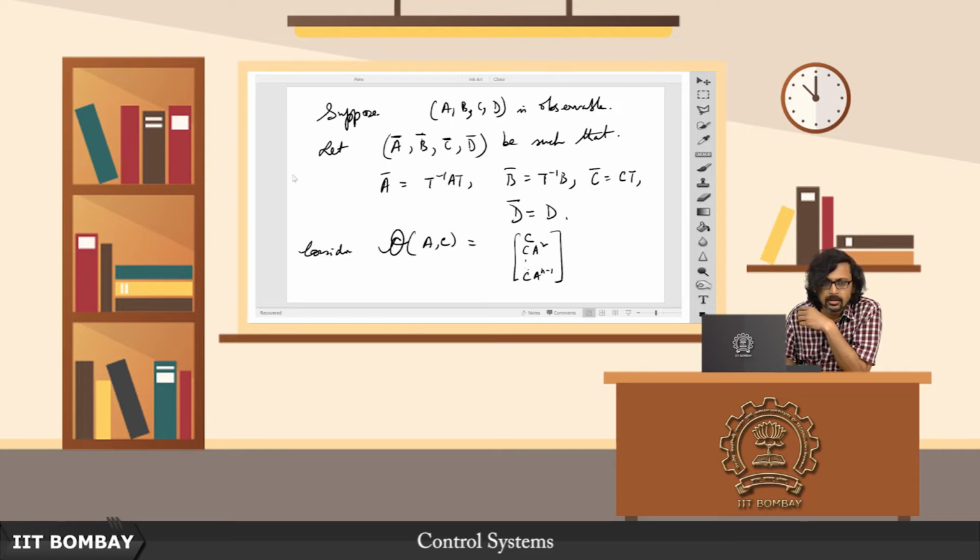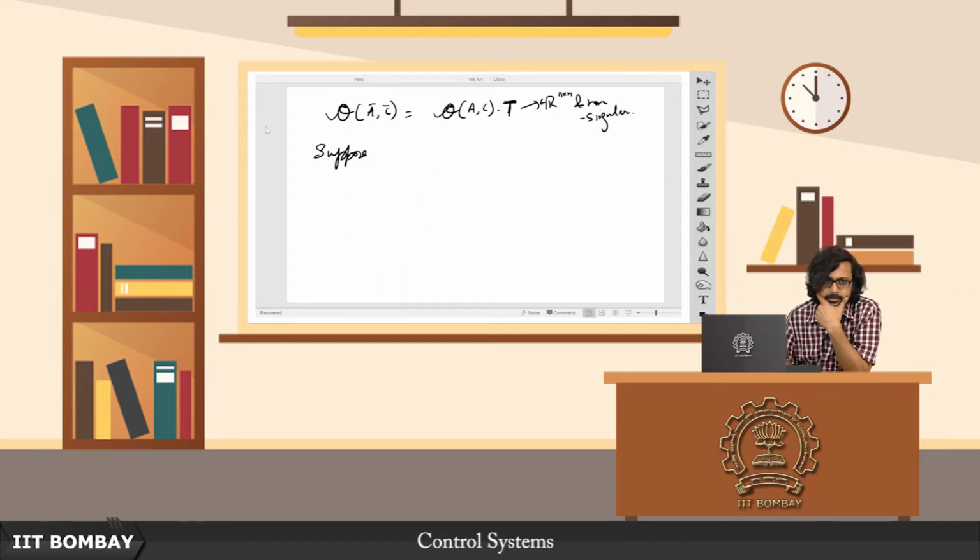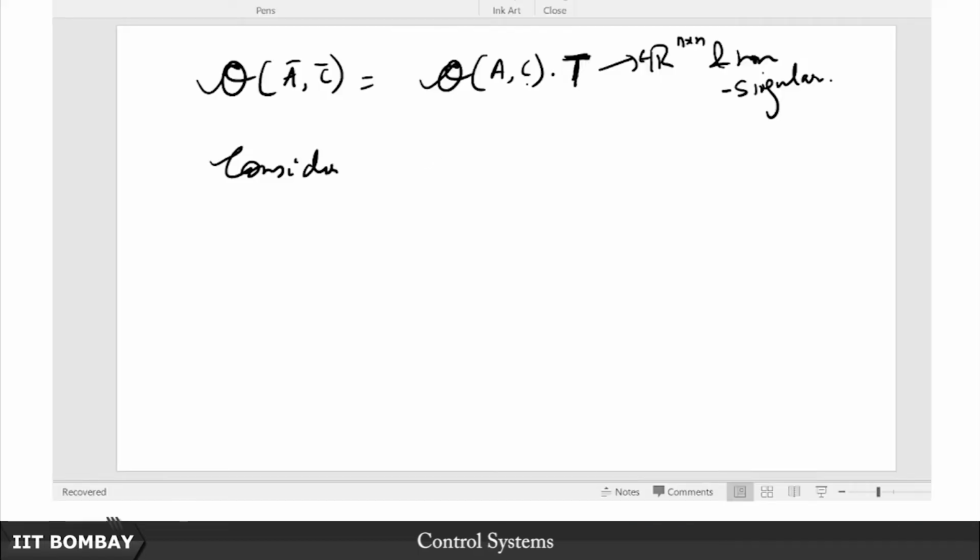Now we have seen that A, B, C, D is observable. So consider T inverse times the inverse of the observability matrix O of AC.